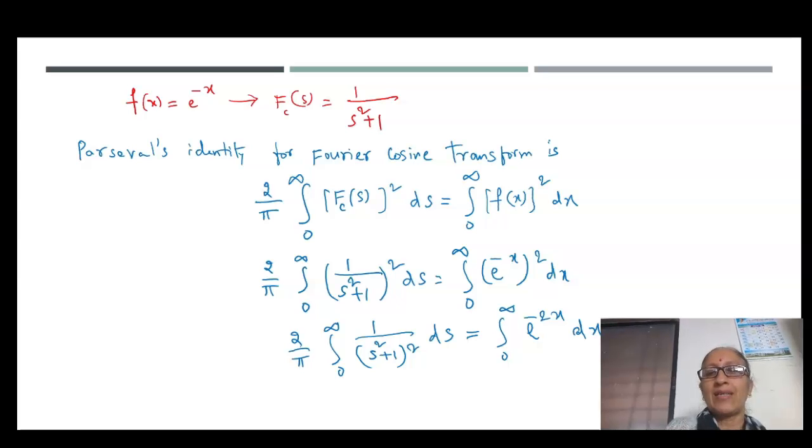Let us simplify the RHS. The integration gives e power minus 2x upon minus 2 under the limits 0 to infinity. Applying the upper limit, the value is 0. Applying the lower limit, you get e power 0 by minus 2, but e power 0 is 1, so here we get 1 by 2.